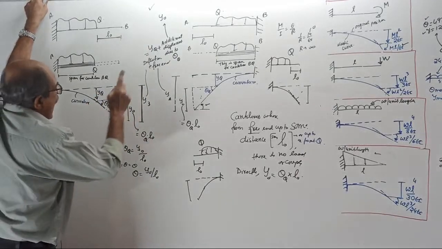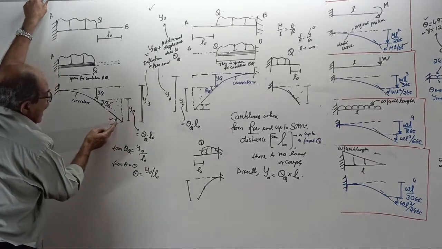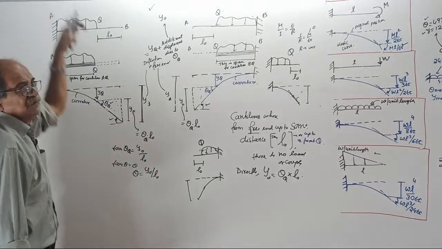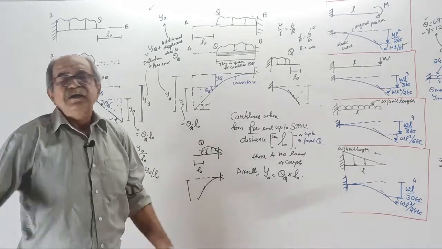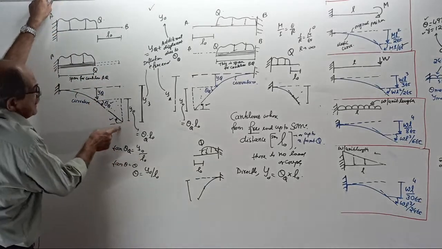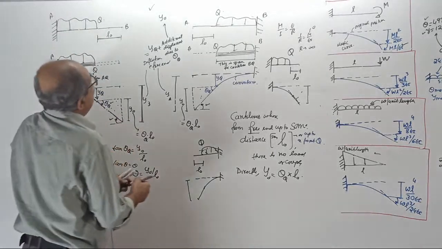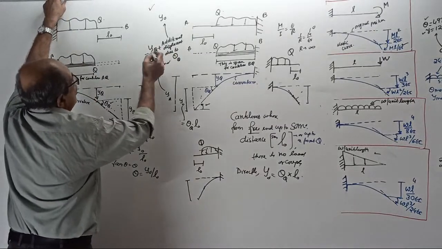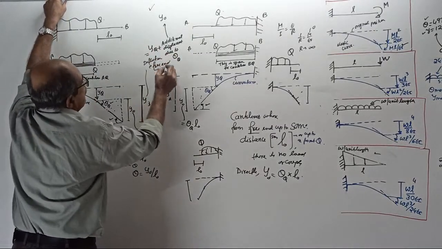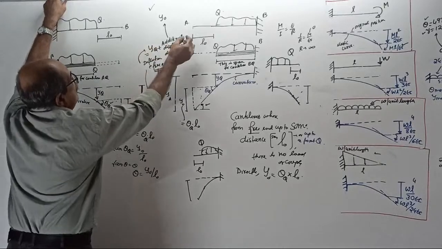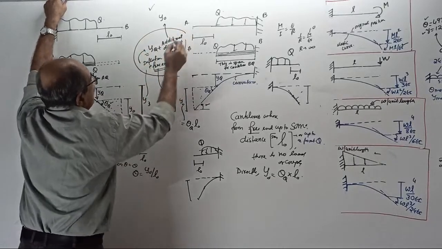Now tell me, what is the theta at the free end? From here to here, it is a straight line. So this is the final deflection. This is the formula for deflection at the free end.